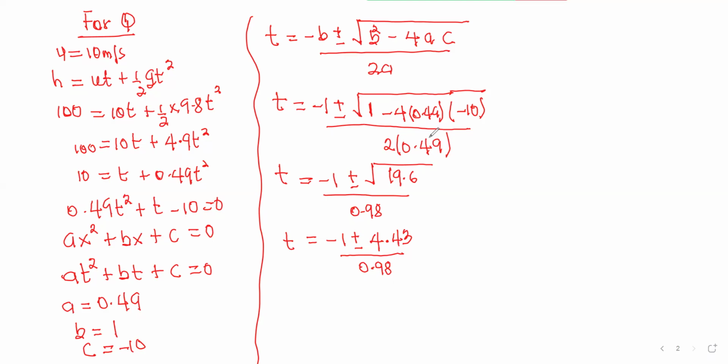Let's confirm what Charles is saying. 4 times 0.49 times 10. Good. Thank you. So we should have added that to 1. We omitted the 1.